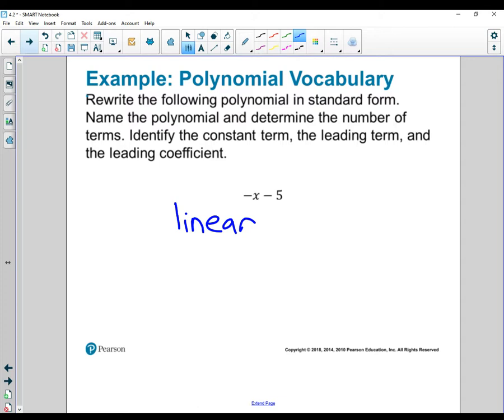Number of terms: there's 2 terms, or a binomial. Constant term is -5. The leading term is -x. And the leading coefficient is negative invisible 1.